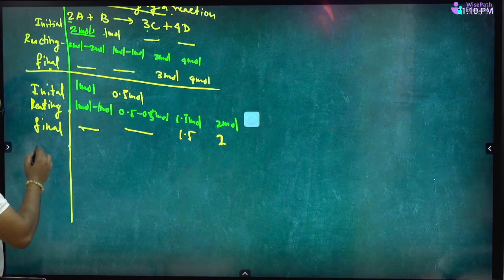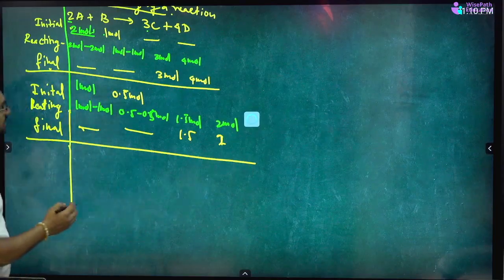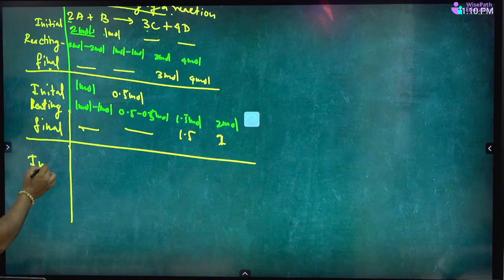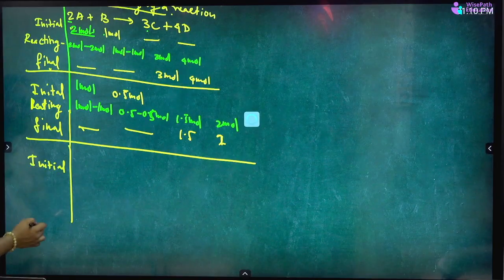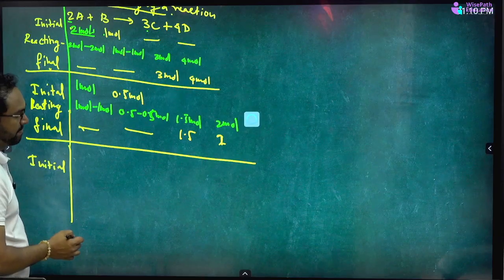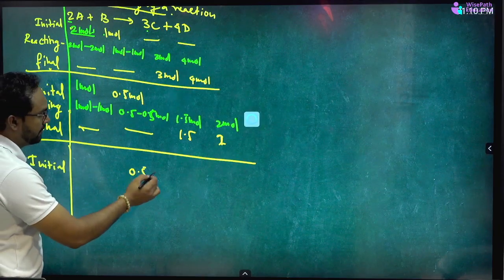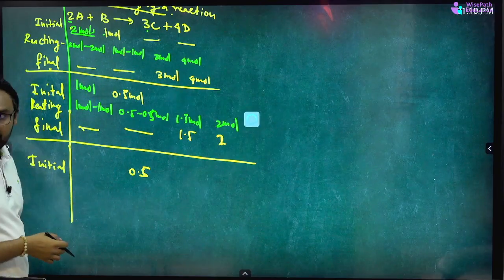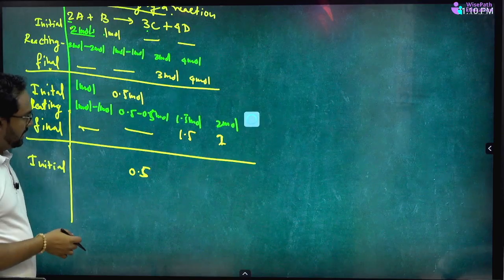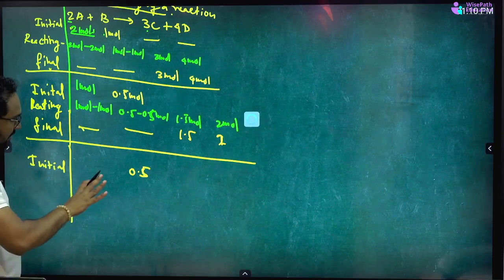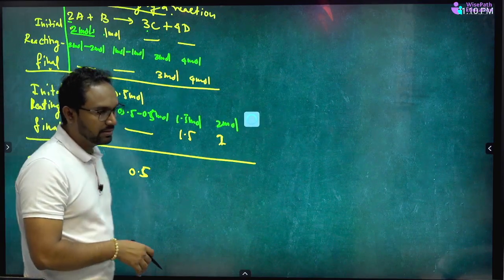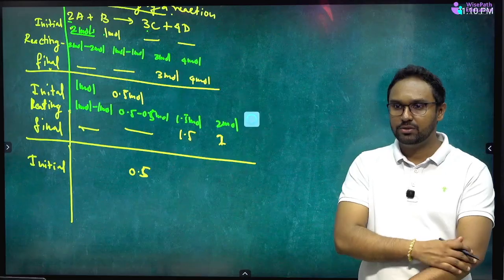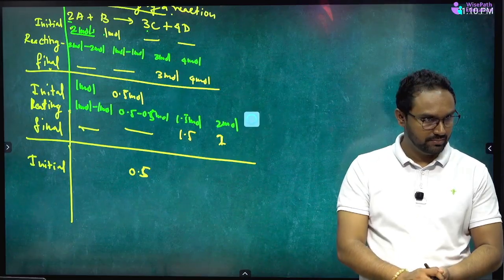Okay, look. So this is the other one. Initial. Let's think 0.5 of B is there, right? And this time, I'm not taking the amount of A that needs to react completely.